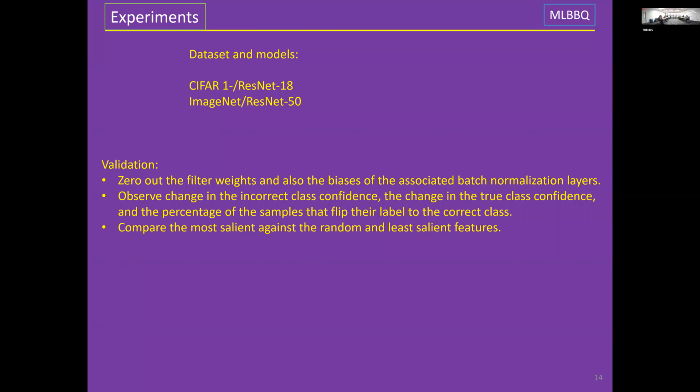And then they are observing the change in the incorrect class confidence, the change in the true class confidence, and the percentage of the samples that flip their label to the correct class. Finally, they are comparing the most salient against the random and least salient features. We will see in the results section.